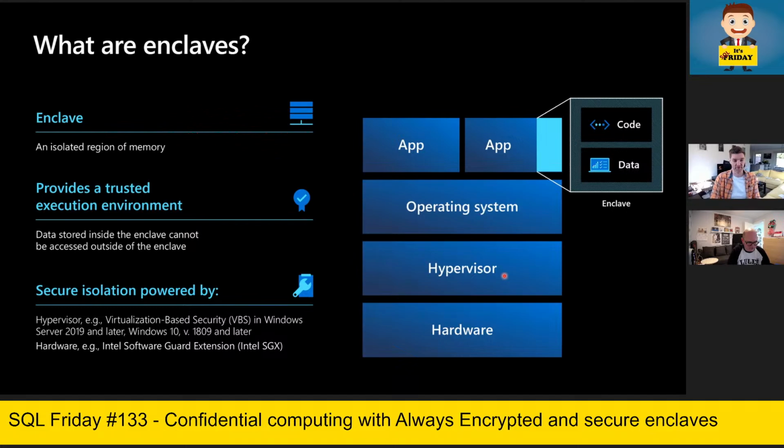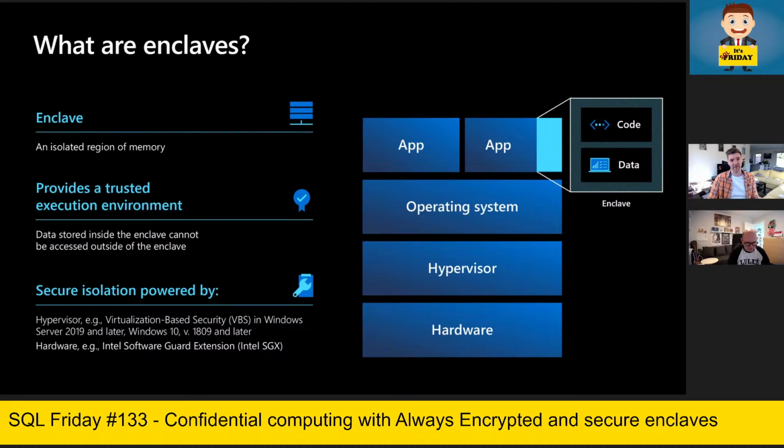It's called Intel Software Guard Extensions or Intel SGX. The other way to do it is using a hypervisor. It's called virtualization-based security or VBS enclaves. That is a service that is available in Windows 2019 and also in Windows 10. So you have the two possibilities to use.